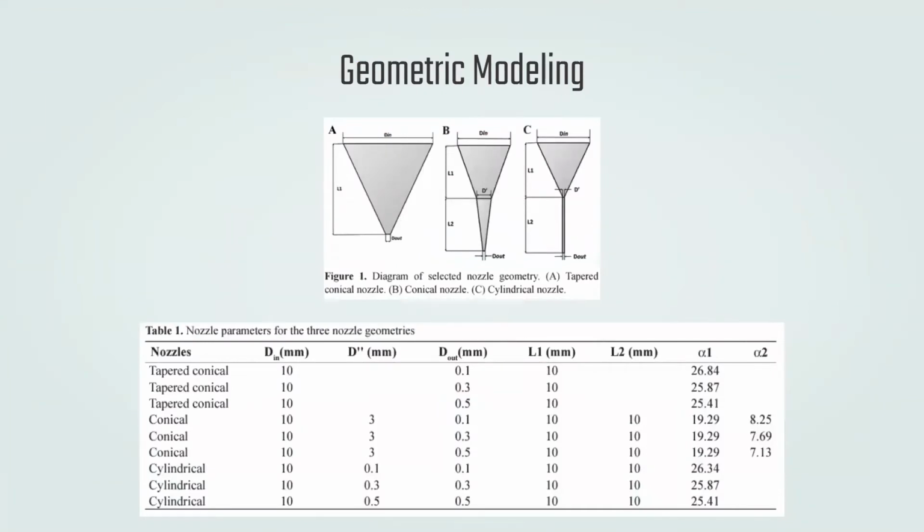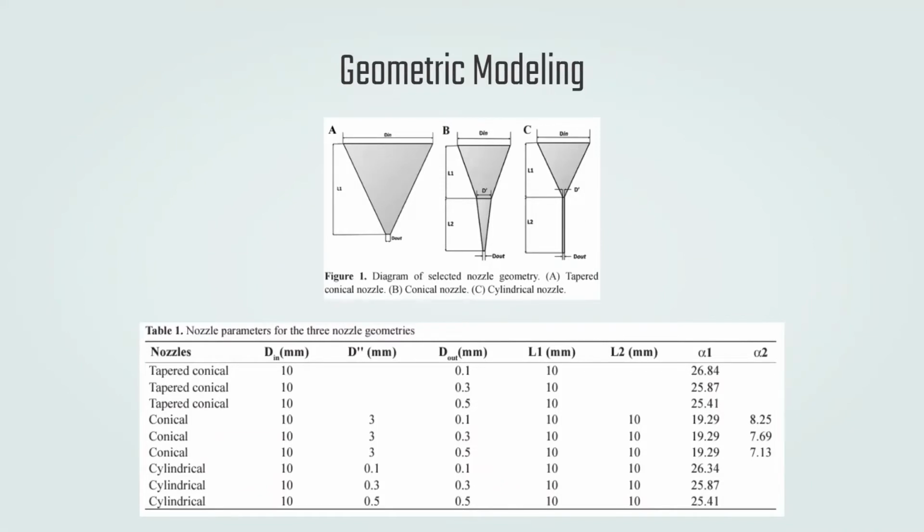The geometric modeling used in this research focuses on 3 types of nozzles. The first one being a tapered conical nozzle. The second one, a regular conical nozzle, and the last one being the cylindrical nozzle.